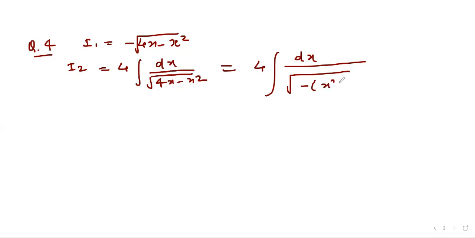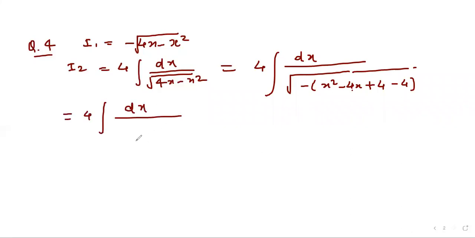So it's better to write x square minus 4x. To make it a perfect square, half of 4 is 2, squared it will become 4, and then we subtract the same number. So it will become 4 times integration dx divided by root of, if we take these three terms together and put the minus sign outside the bracket, this will become plus 4, so 4 minus (x minus 2) whole square.